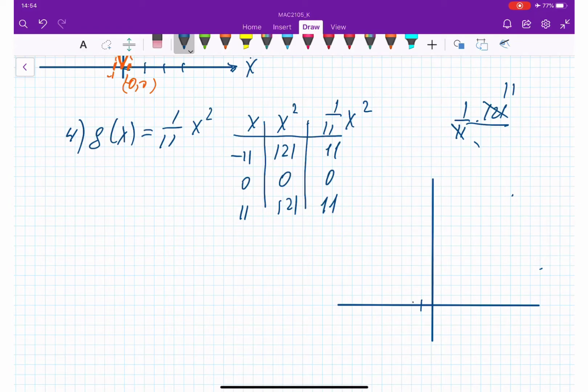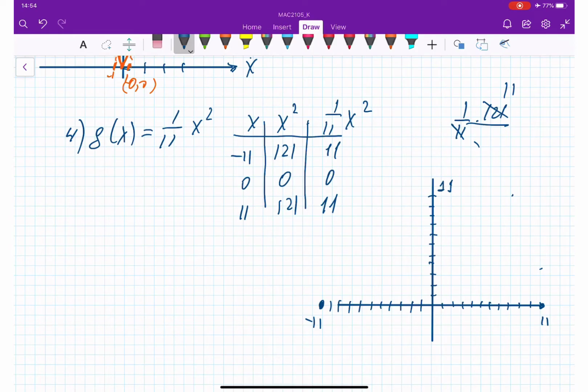Okay, 1, 2, 3, 4, 5, 6, 7, 8, 9, 10, 11. This is negative 11. 1, 2, 3, 4, 5, 6, 7, 8, 9, 10, 11. Positive 11. And 1, 2, 3, 4, 5, 6, 7, 8, 9, 10, 11. This is positive 11 also, because we have 11 everywhere.